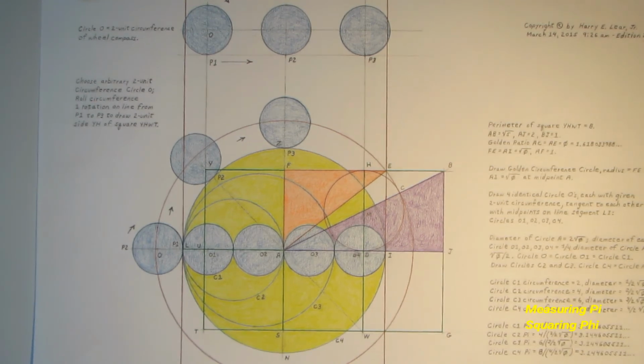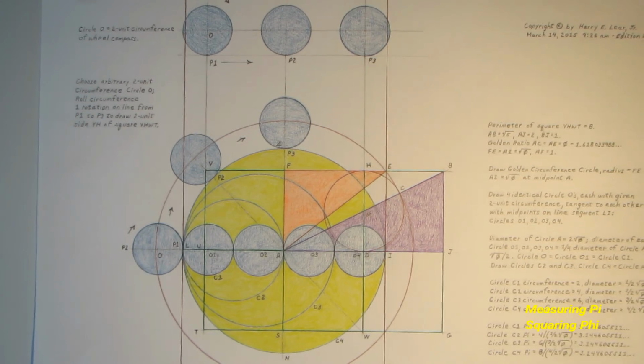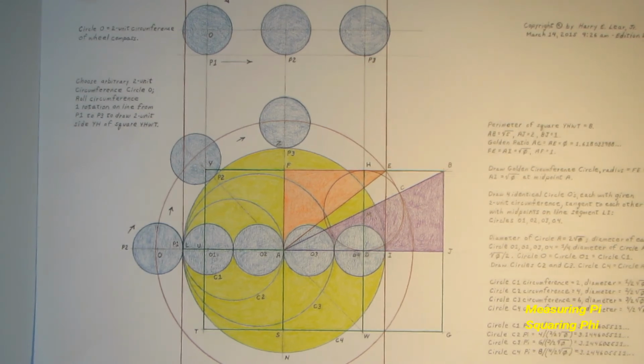So since we know what pi is from calculating here each blue given circle, we can multiply the diameter of the big yellow circle, 2 times the square root of phi, times pi, which we discovered was 3.144605511, and we get the perimeter of this big yellow circle, which is 8, which is the same as the perimeter of the square. 8. 1, 2, 3, 4, 5, 6, 7, 8.